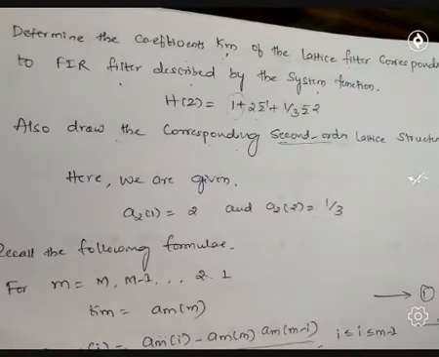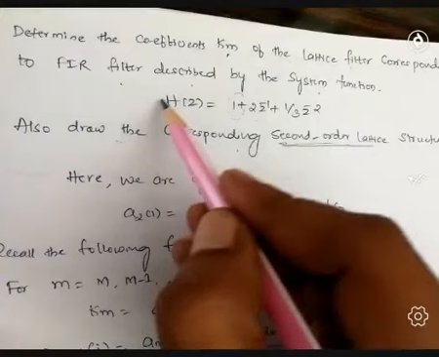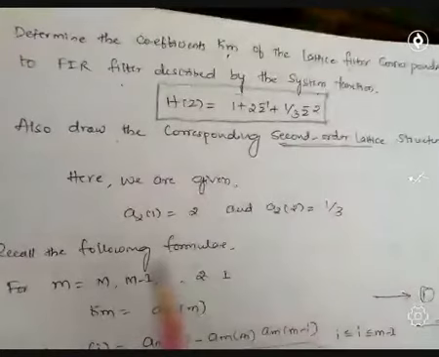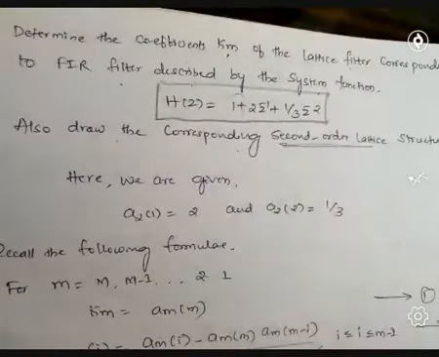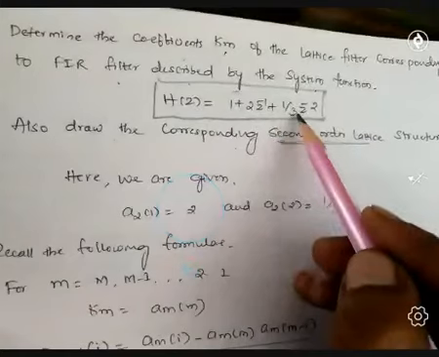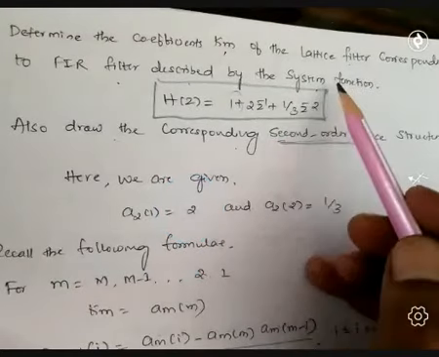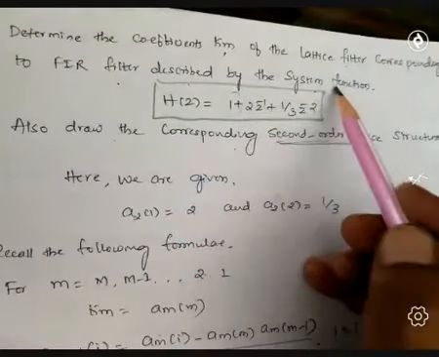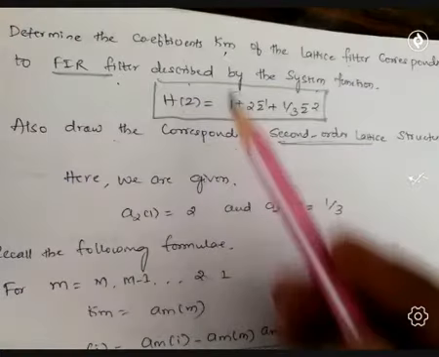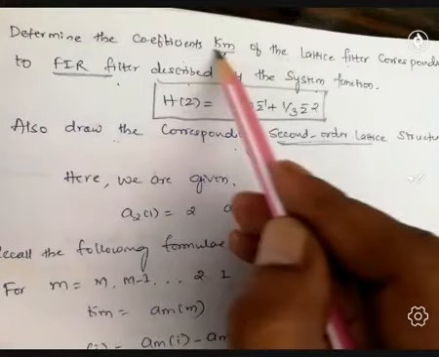So in this example, he gave the system function, or we can say transfer function, H of z equal to 1 plus 2 z to the power minus 1 plus 1 by 3 z to the power minus 2. It is the system function, or transfer function, of the FIR filter. With the help of this system function, we have to find the coefficients, the values of km.